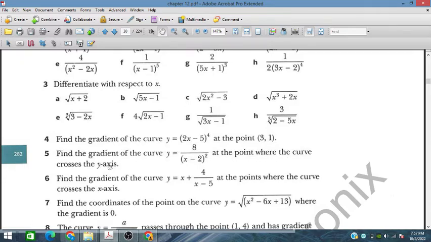When the curve crosses the y-axis, at that point x becomes 0. So for problem number 5, x is 0, and for x equal to 0 the value of y will be obtained. So for problem number 5 we have to find the gradient.